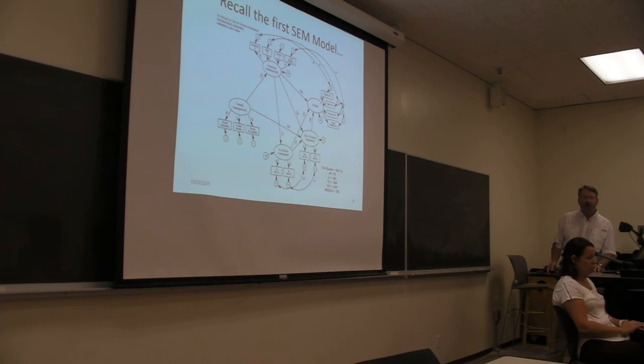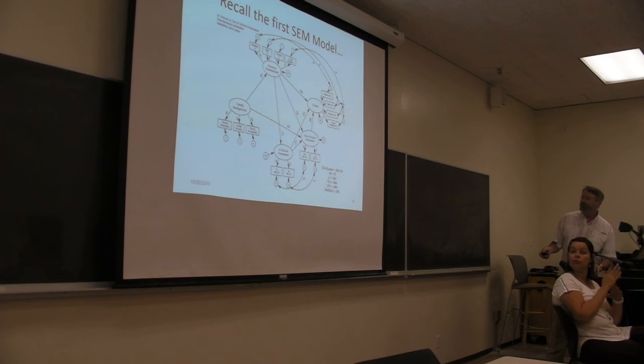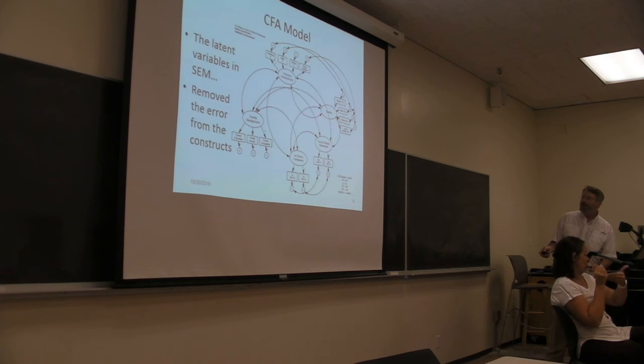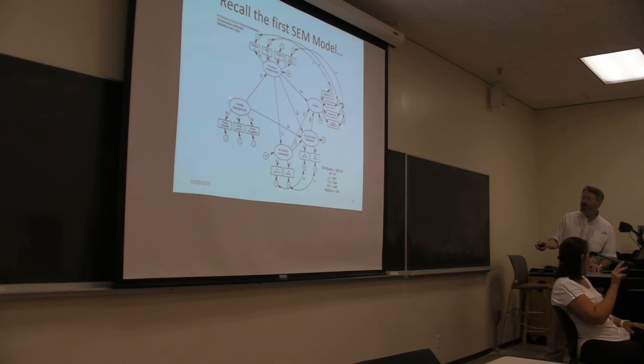Well, so recall our first SEM model. It's starting to look a little more similar now, right? Well, in fact, the only difference between this and this is that with this model, we simply have correlations among the latent variables, whereas with this model, we have paths among the latent variables.